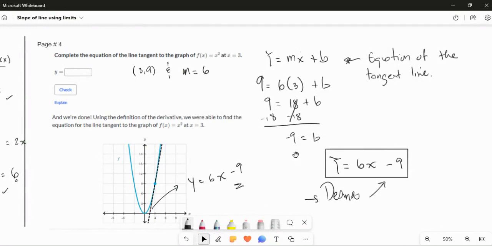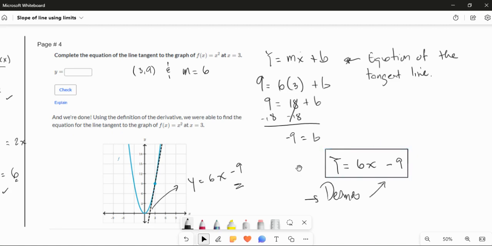Okay, so to complete this exercise, we subtracted 18 on both sides. So 9 minus 18 will be equal to negative 9. So that's the value of b. And now I can rewrite my equation as y equals 6, which is the value of my slope, times x, minus 9, since b is equal to negative 9. I can always check on the findings using my dear friend Desmos, and that'll be the equation I need to plug in.